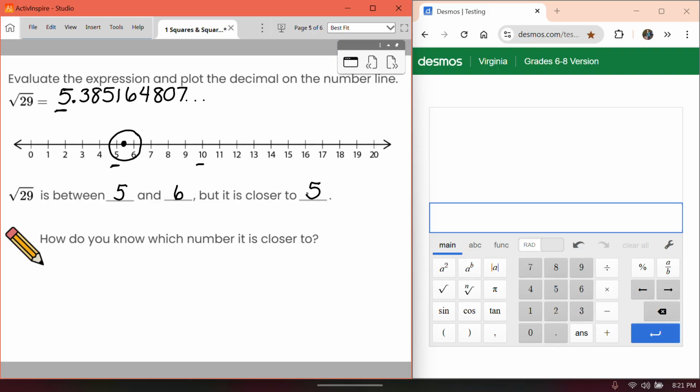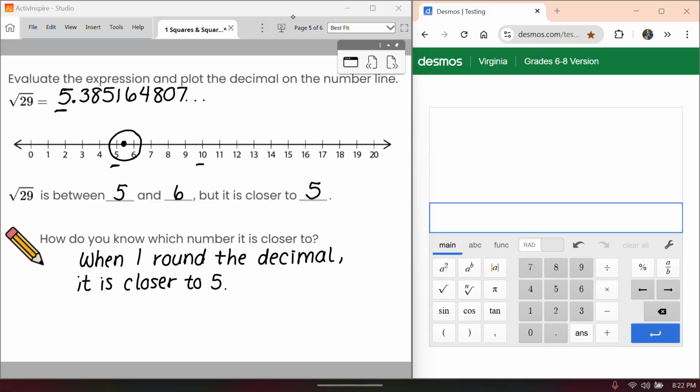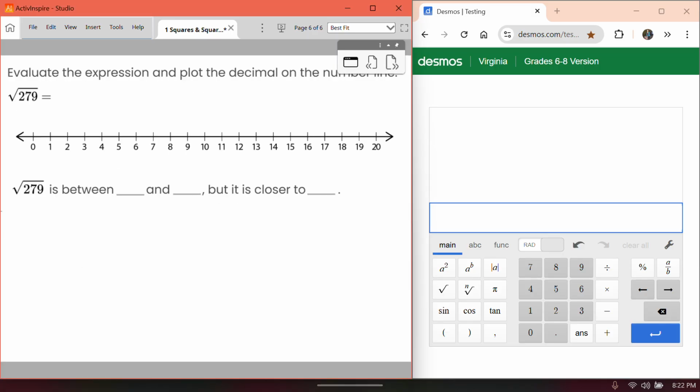So I'm going to write that down real quick and then I'll be right back. Ta-da! There's my answer. When I round the decimal, it is closer to 5. And if you want to write that a little bit differently, that's fine. I'm going to move on to the next one, but if you need to copy that down, go ahead and pause. All right, last example.